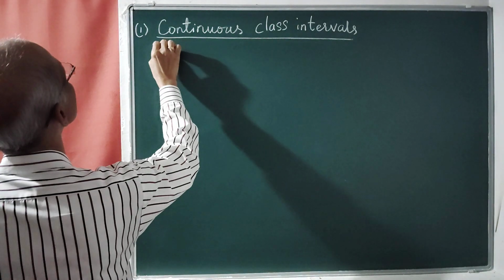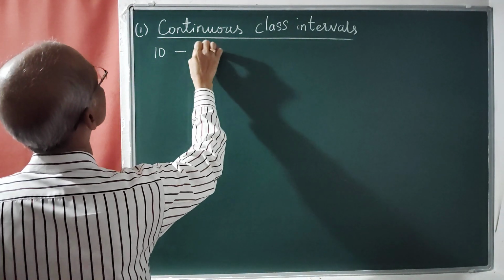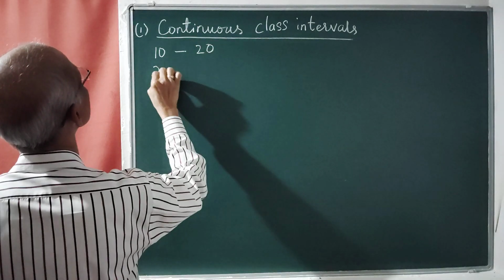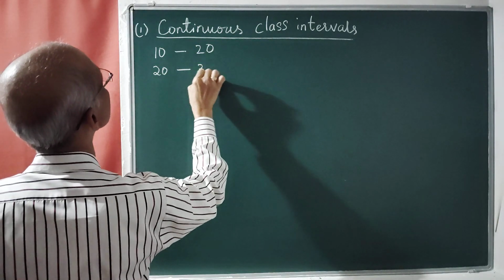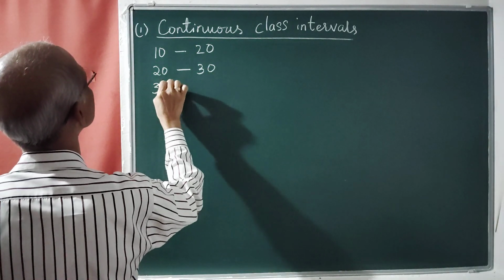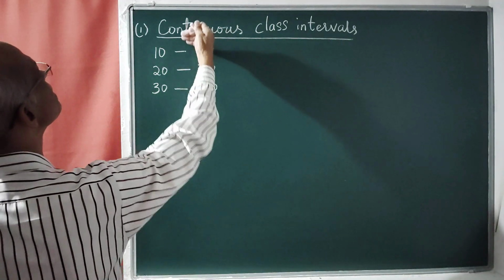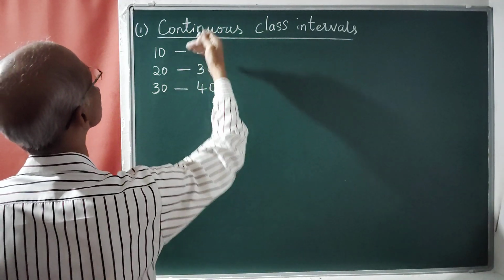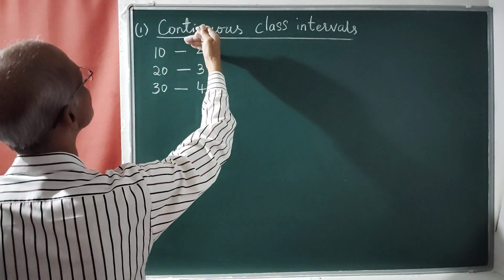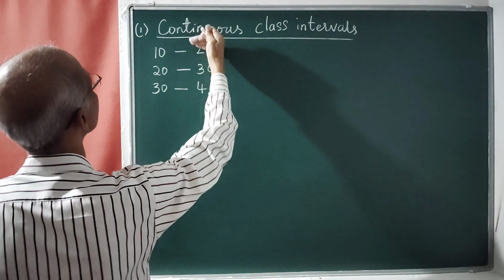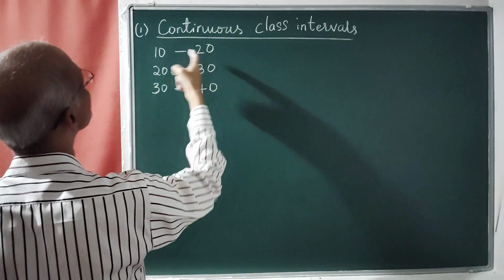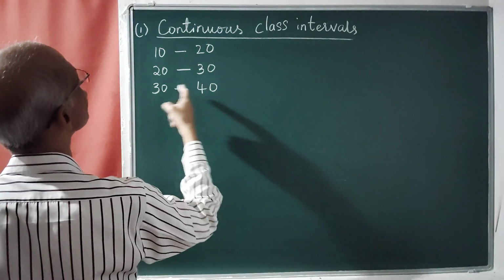For example, 10 to 20, 20 to 30, 30 to 40, and so on. You can see here there is no gap between the class intervals. It is continuous. 10 to 20, 20 to 30, 30 to 40, and so on.